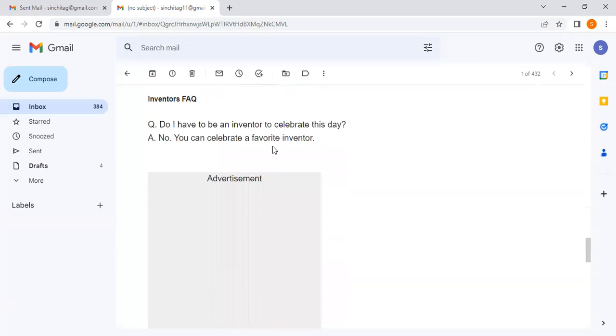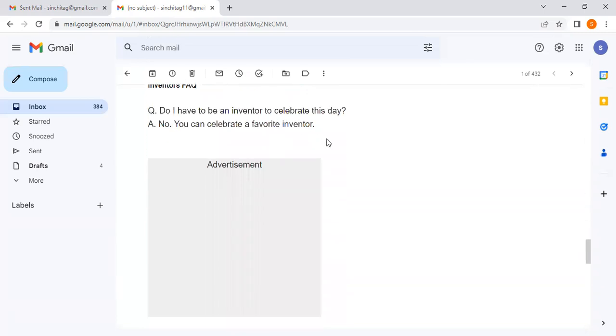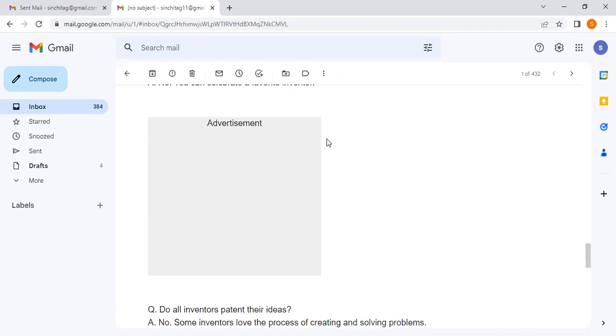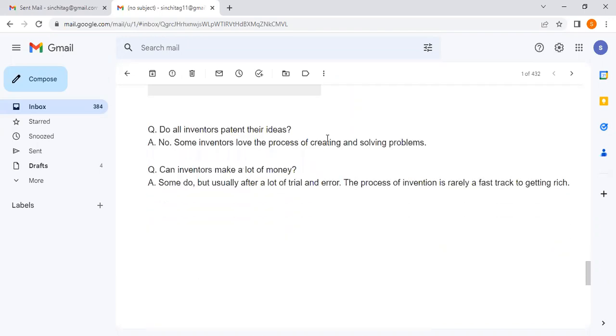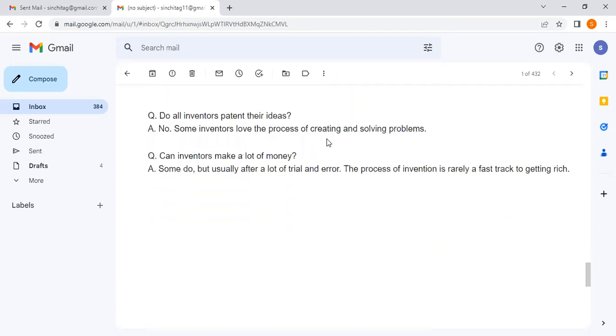Now read this. Inventors FAQ. Do I have to be an inventor to celebrate this day? No, you can celebrate a favorite inventor. Do all inventors patent their ideas?